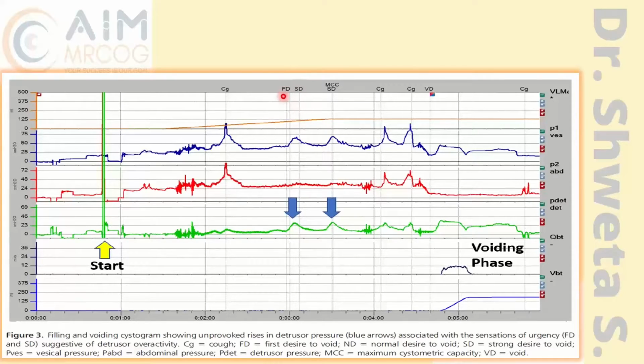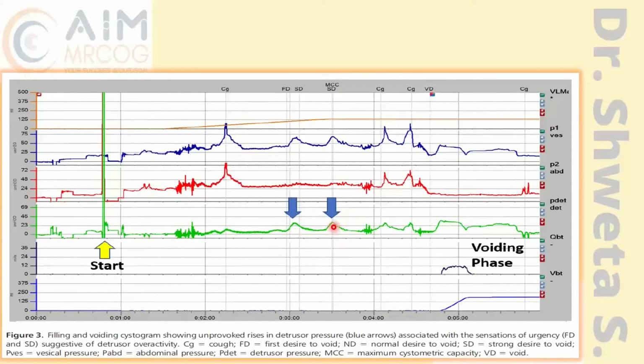If her first desire is 100, that means her bladder is unnecessarily contracting before 400, which is our normal value. Am I clear how these two things come in question? So whenever there is less capacity or less first desire, always think about overactive bladder, about detrusor overactivity. This is the significance of these two values.